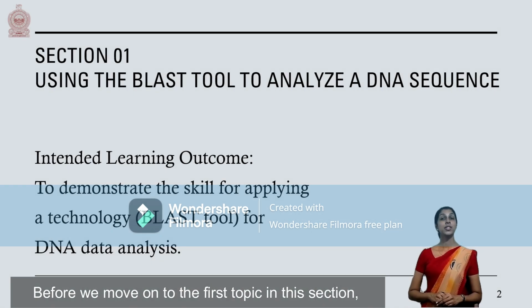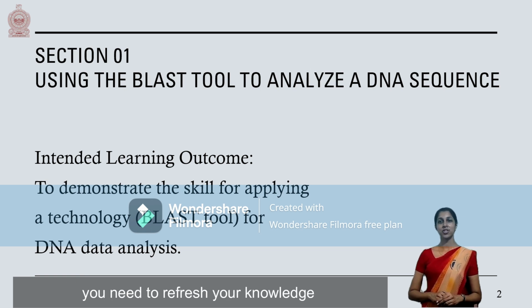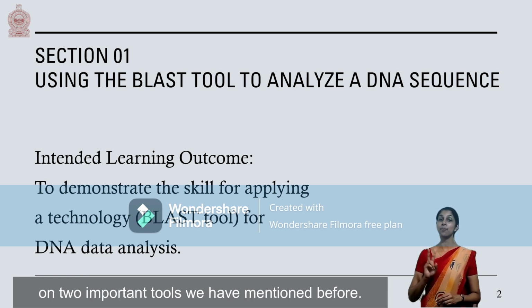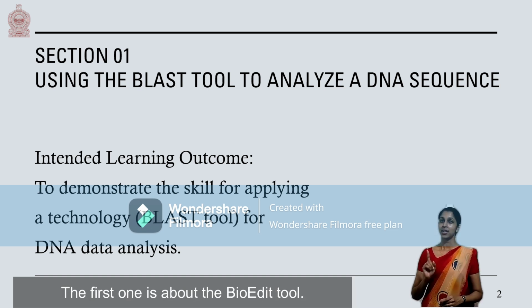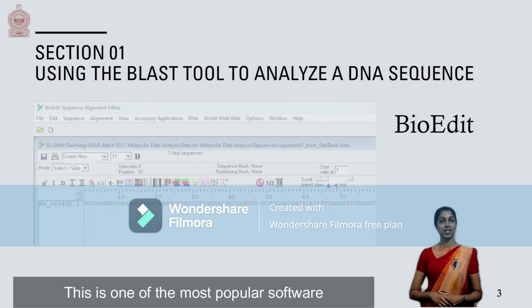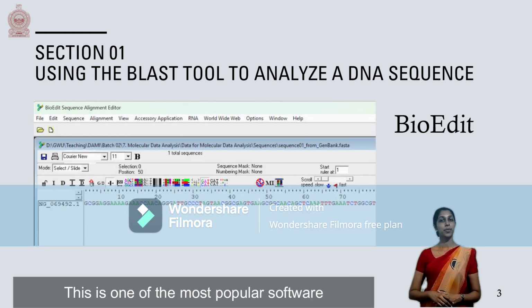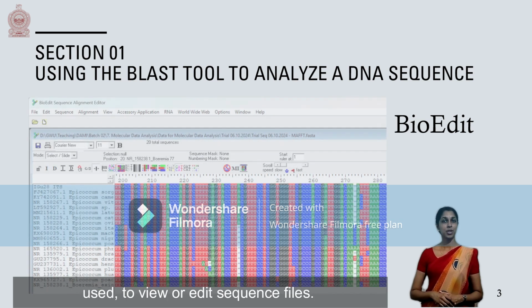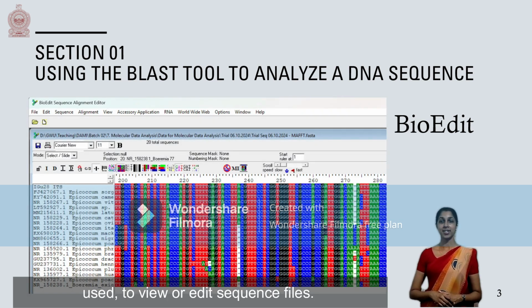Before we move on to the first topic in this section, you need to refresh your knowledge on two important tools we have mentioned before. The first one is the BioEdit tool. This is one of the most popular software used to view or edit sequence files.